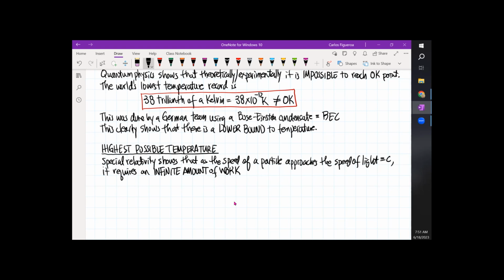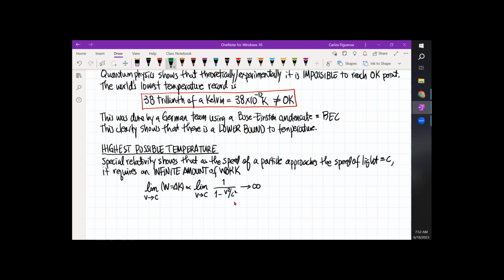In other words, if I look at the limit, and if I use the work energy definition, as the speed of a particle approaches c, this is proportional to a limit that really looks like this. That's going to be 1 minus v squared over c squared, over 1, and then this approaches infinity. So what does this mean here?